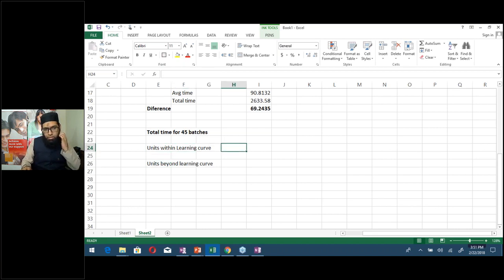Now, the learning curve stops at 30 units, so the first 30 units will be in the learning curve, and the additional 15 units will be beyond the learning curve units.